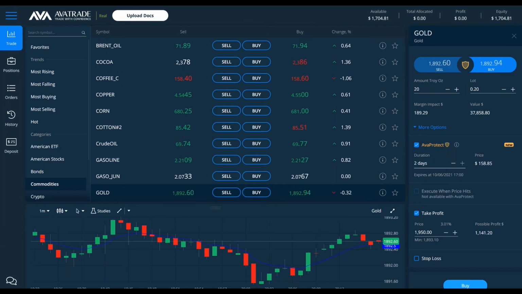And I say, wow, I can hold this position for 2 days, fully protected against any losses by paying only $158 and change as a premium. Any losses during that time period are paid back to me. And if gold goes the right way, even $10, $15, $16, I make back what I paid for the premium, and the rest is all profit. So this type of setup is very nice.